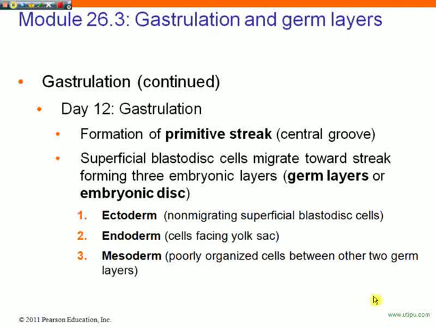For instance, the ectoderm produces the integumentary system, the skeletal system, nervous system, endocrine system, respiratory system, digestive system. Certain parts of those systems. The mesoderm contributes other parts to those systems, and same with the endoderm.